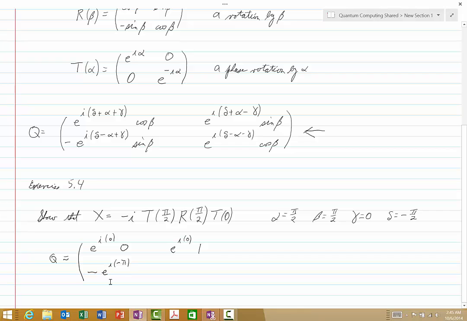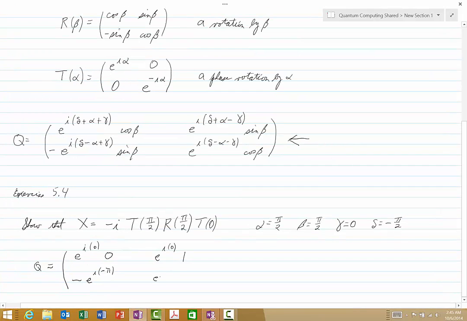And finally, for this last term, we have e to the i, and then delta minus alpha, again, will be minus pi, and then minus gamma, 0, so minus pi here. And then cosine of beta, cosine of pi over 2 is 0.